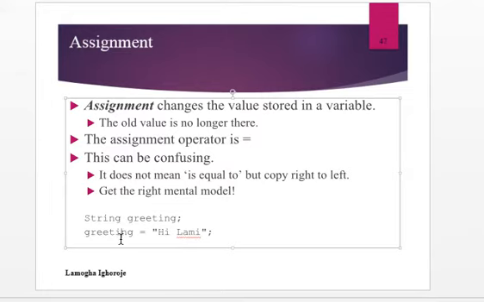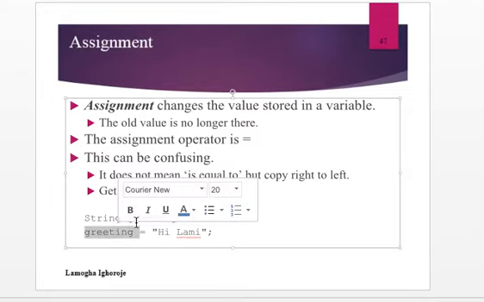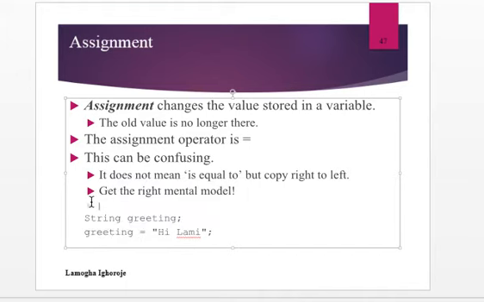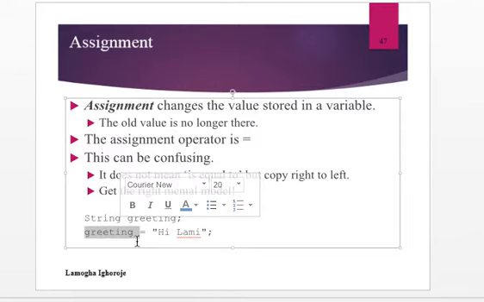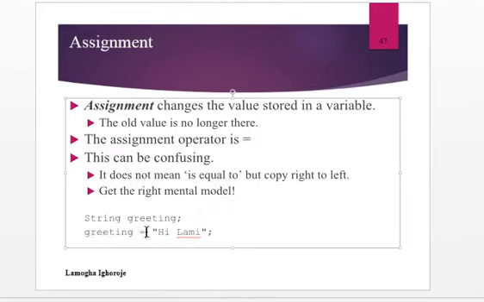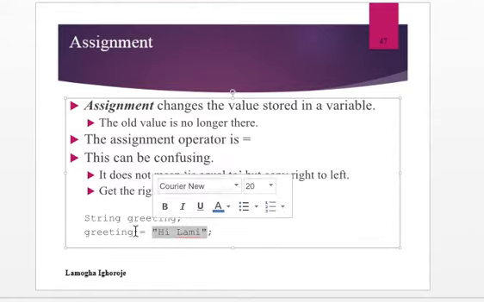Now I want to give this my greeting. This is just an identifier, remember, greeting. Now I want to give that greeting box some string. So I'm going to put the equal to sign. It doesn't mean it's equal to, but what it means is I'm putting what is here into this.